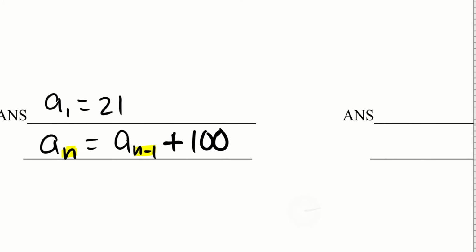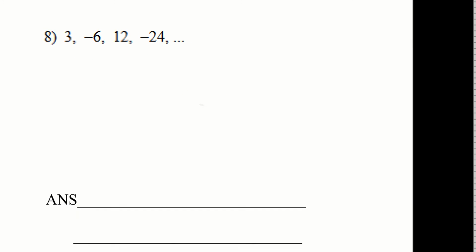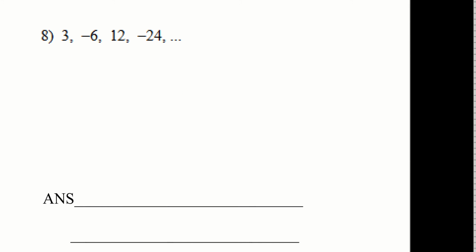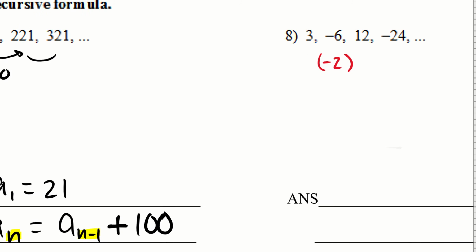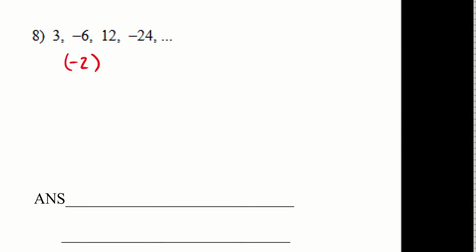Okay, let's look at the second one. We're asked again to write down the recursive rule for this. And as I look at this, I can see there's a doubling going on here. But what's tricky is I'm not multiplying just by 2, because the signs keep changing. So I'm multiplying every single time by -2. Same thing, right? I'm going to write down what my first term is, and in this case my first term is the number 3.